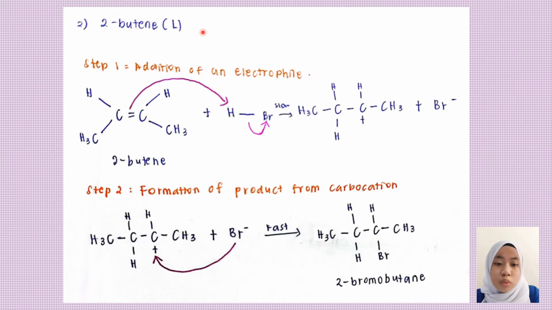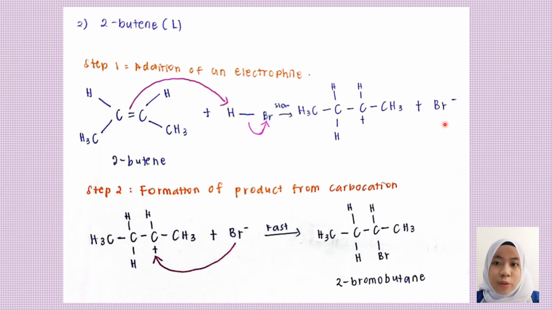Now we can see the other isomer, which is 2-butene, also known as L, and it will undergo the same reaction. There are 2 steps in this reaction: the first step is the addition of an electrophile, and the second step is the formation of product from the carbocation. The double bond of this alkene, which is a nucleophilic site, will attract the electrophile, which is this H, and produce a carbocation and bromide.